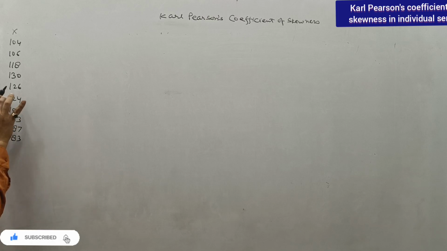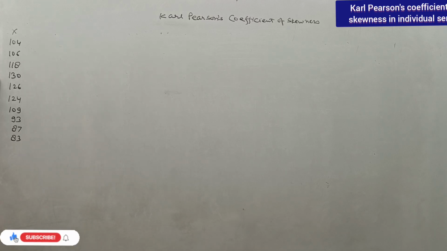Serial numbers 1, 2, 3, 4, 5, 6, 7, 8, 9, 10. Ten values are given. So the very first thing, no item is repeating.